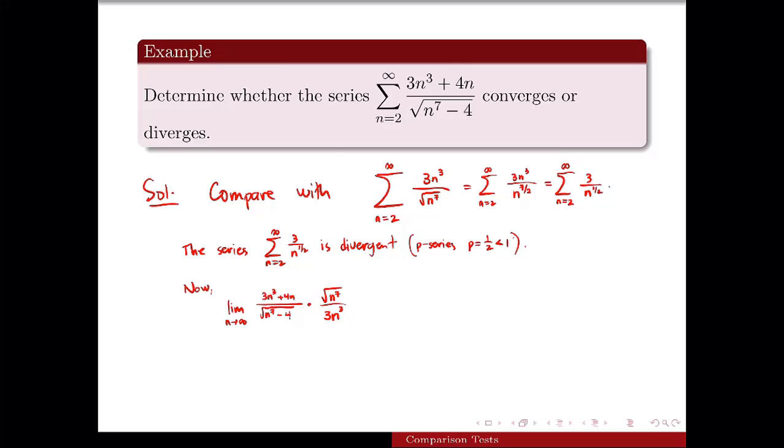Is that okay? If you don't see that, let me write it. Let me write the complex fraction. So you have this, and then square root of n to the 7 minus 4 all over 3n cubed over square root of n to the 7. So by definition of division, you will end up with this expression.